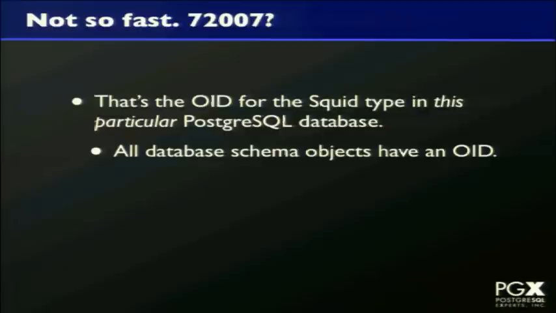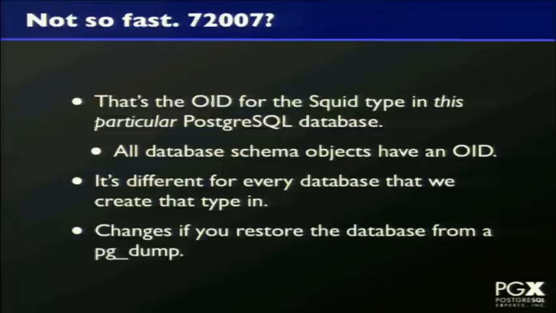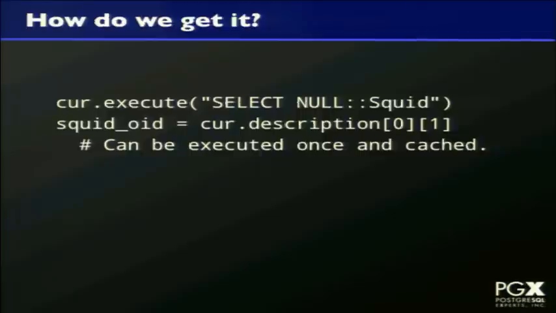Every database schema object has an OID inside of Postgres. The problem is every time you create it, it's dynamically assigned, so it can be different in every database, and I hate that stuff. Not good. And if you dump and restore the database, it changes, or potentially could change. So this is unfortunate, and it's just one of those things that you deal with. You can, however, extract it from the database.